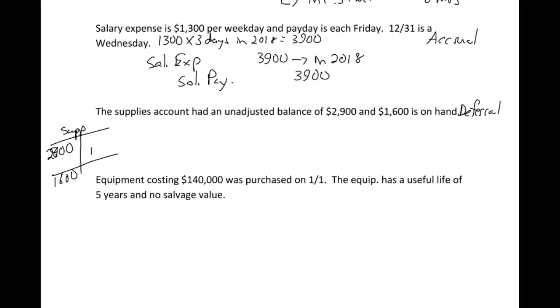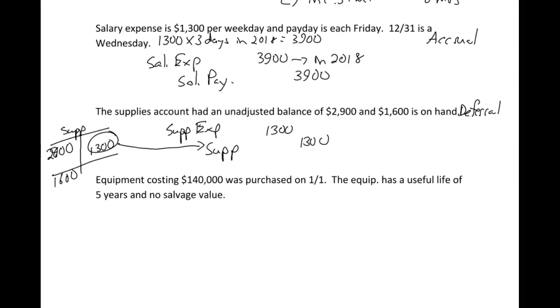If that's the case, that means we used $1,300 of our supplies up during the period. So that's what we want to expense, because when we're doing these deferrals, we're expensing what we've used up. All right, so we're going to debit supplies expense and credit supplies for $1,300. Once again, that credit to supplies is that credit to supplies right there.